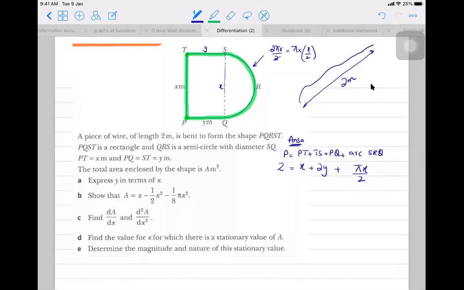They want you to express y in terms of x, which means they want you to make y the subject. So I'm going to take everything on the other side. So if 2 goes on the other side and divides, this is going to be 1 minus x by 2 minus pi by 4 x.